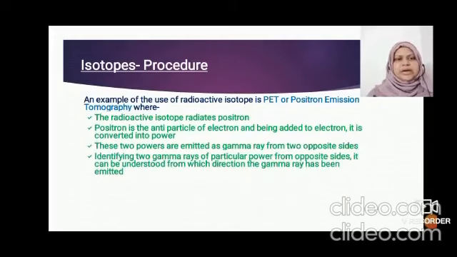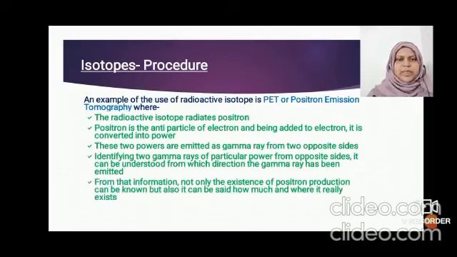Identifying two gamma rays of particular power from opposite sides, it can be understood from which direction the gamma ray has been emitted. From the information, not only the existence of positron production can be known, but also it can be said how much and where it really exists.